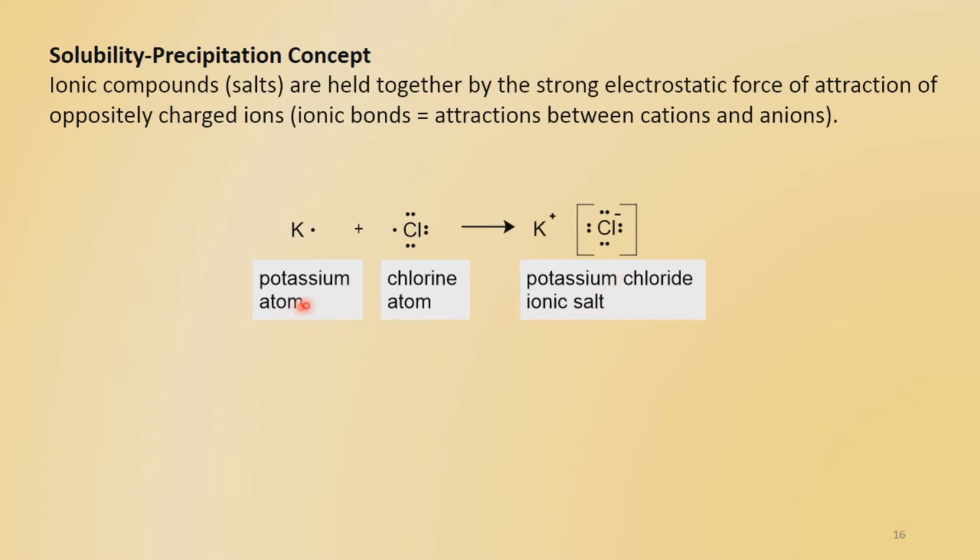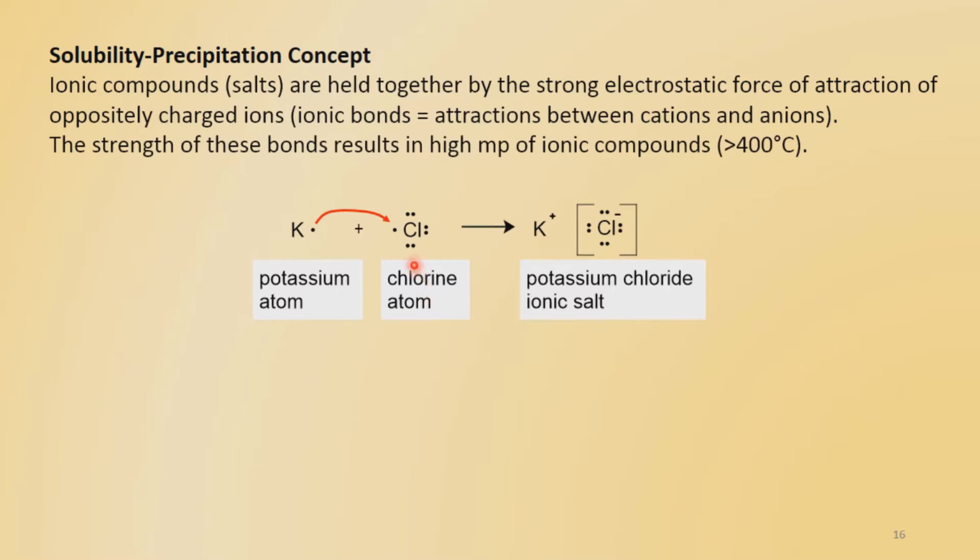Potassium metal is a reactive group 1A metal with one valence electron it wants to lose. And chlorine is a reactive 7A nonmetal that needs one electron to complete its octet. So they react, potassium giving its electron to chlorine, forming potassium cations and chloride anions. We have a potassium chloride salt.